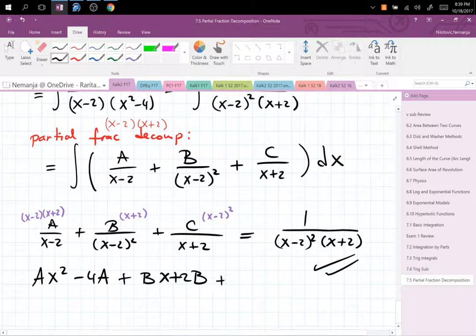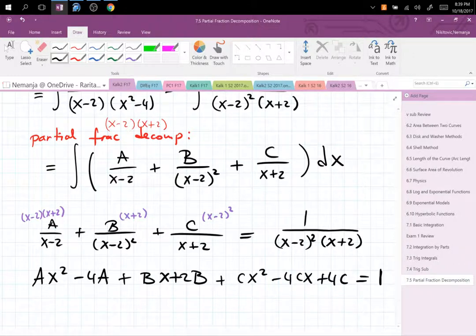So cx squared minus 4cx plus 4c equals 1. So I'll just say FOIL and FOIL, and then when you multiply by a and multiply by c, you get all of these terms down there.